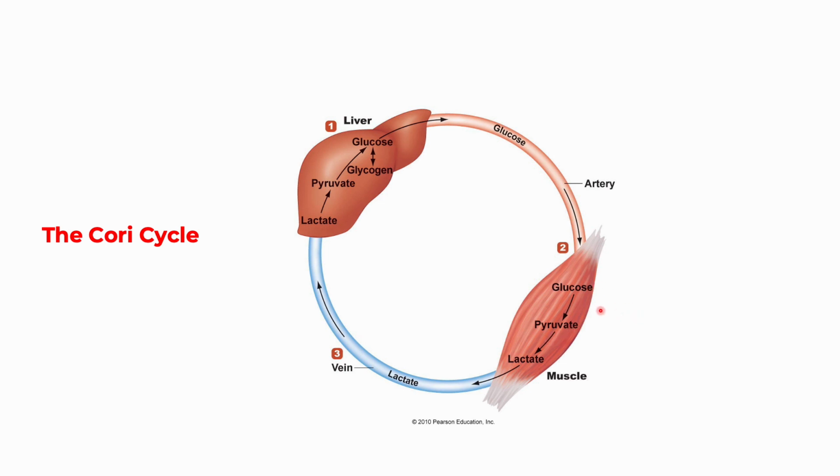The pyruvate then ends up getting turned into lactic acid if there's no oxygen. That lactic acid will then go to the liver, get converted back to glycogen, to glucose, and then get sent back to muscle. This will usually take place when the oxygen debt has been met, and we'll talk more about that.